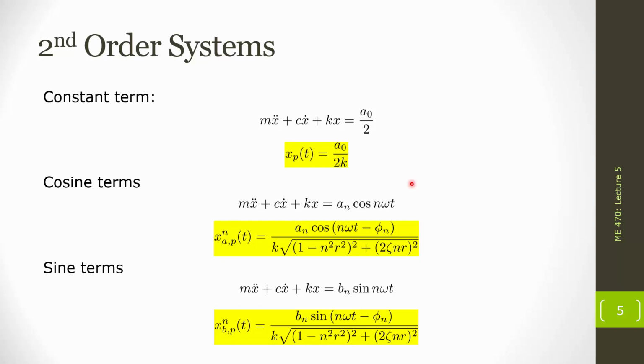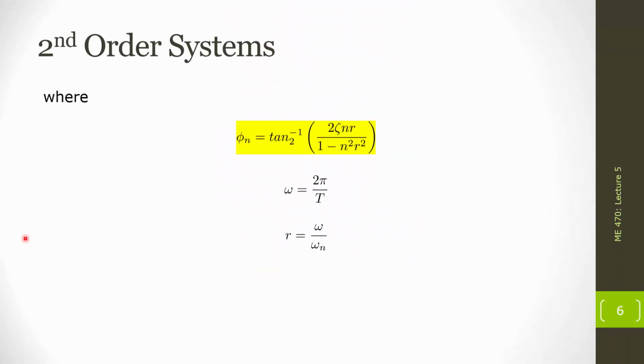Before we start putting it together, we need to see what the definition of this phase, the nth phase angle, is, and what this r is. Here we see how I calculate the nth phase, and this will correspond to our a n and our b n, or the nth cosine term and the nth sine term.